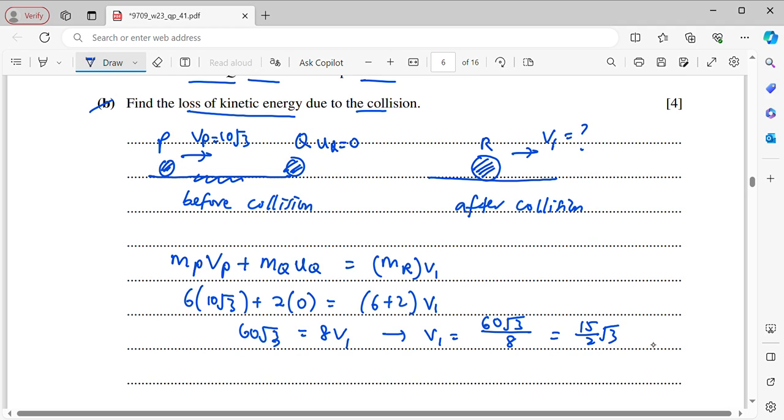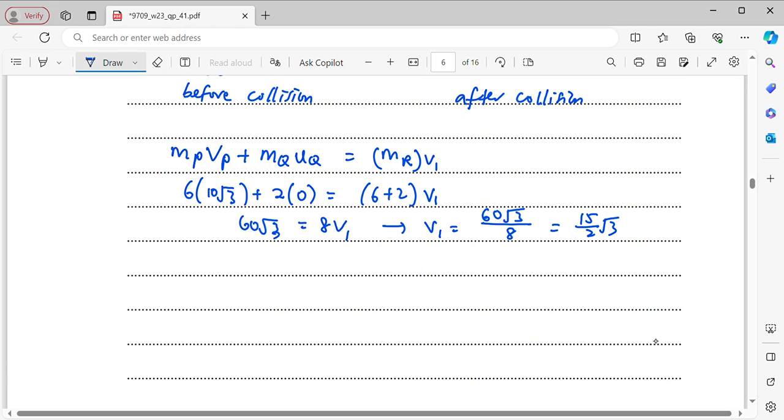Okay, so I know that after the collision, the particle R will move with 15 over 2 square root 3 meters per second. Now, the question is asking for the loss of kinetic energy. Loss means initial kinetic energy minus final kinetic energy.